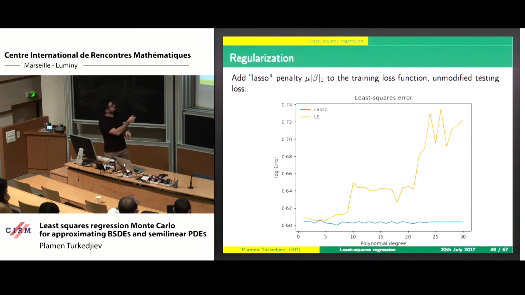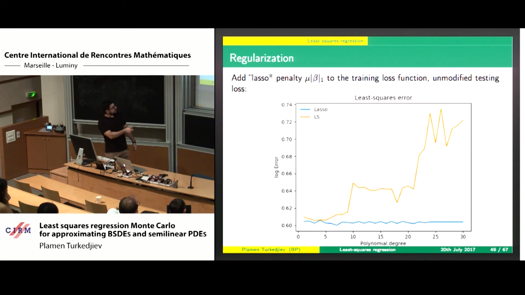Okay? So what you can start doing is doing something called regularization. So you can add a penalty function that tells you, okay, I don't believe that my coefficients are going to be very big. So you just add mu times the L1 norm of the coefficients and minimize that along with the least squares error. And it's quite interesting.